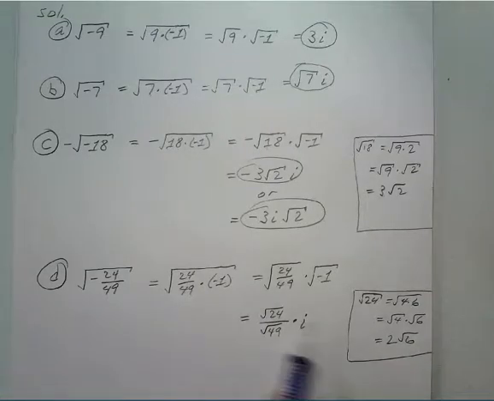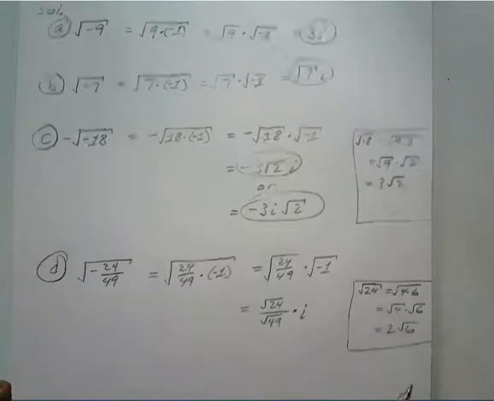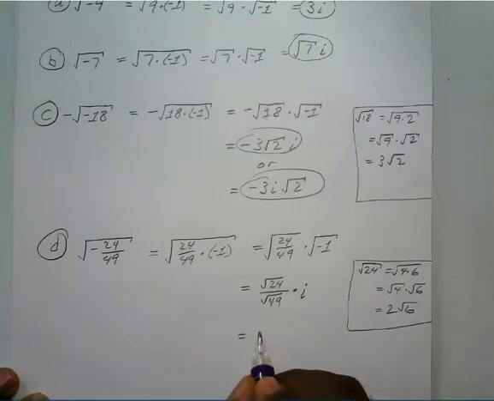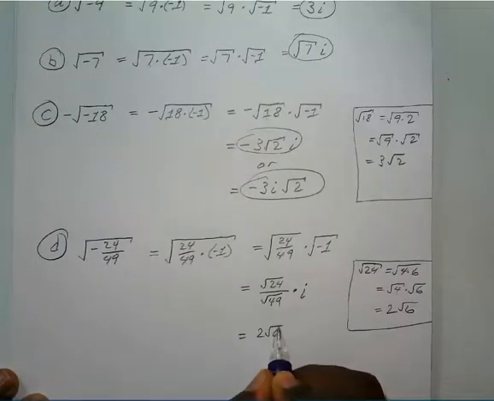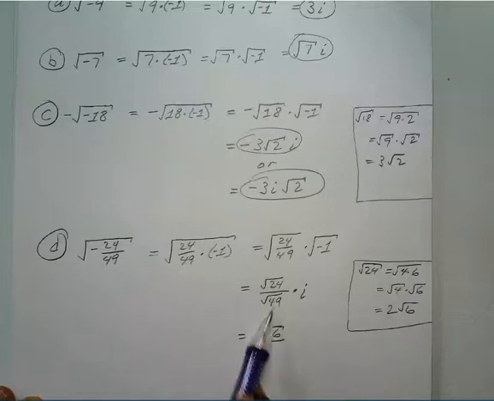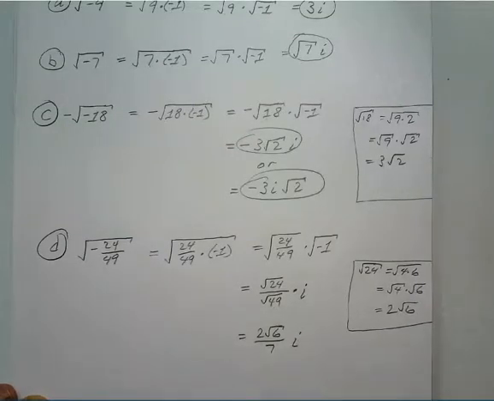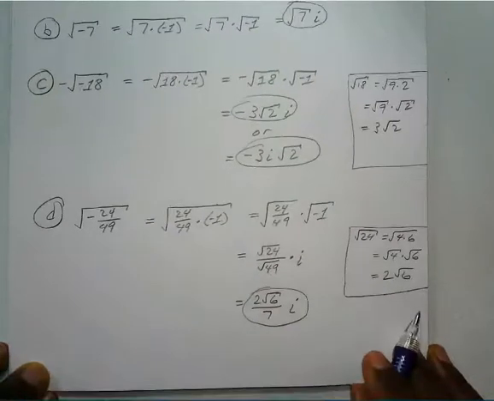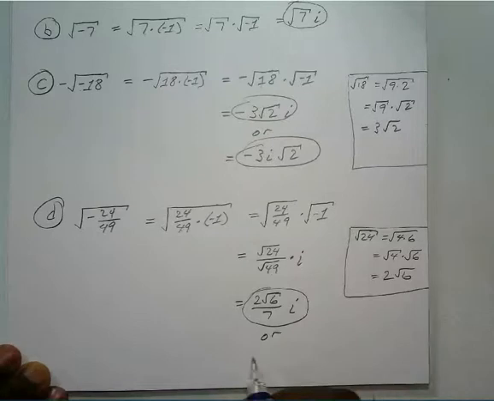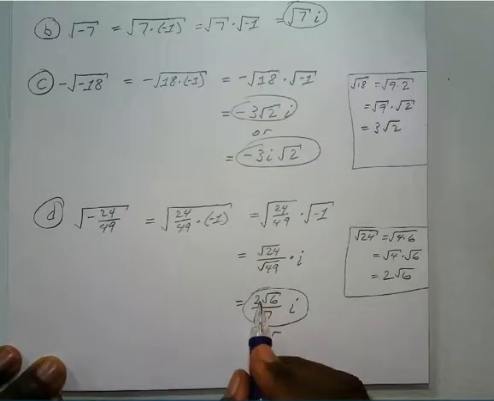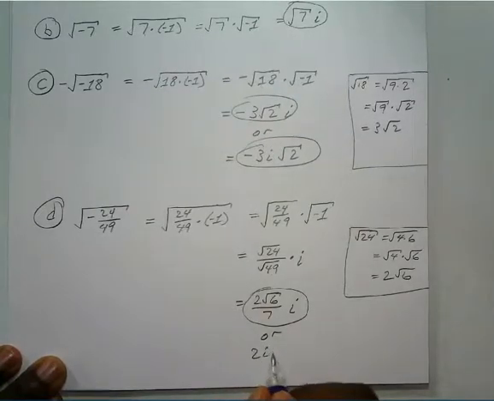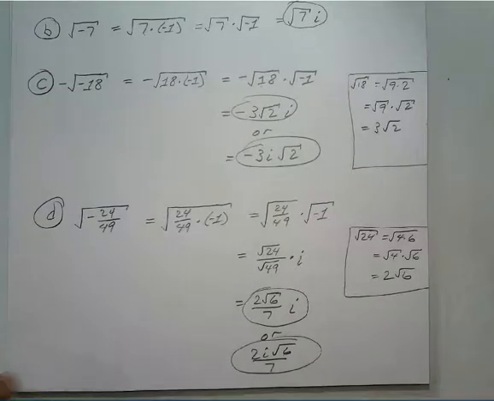So square root of 24 is 2 square root of 6. So 2 square root of 6 over square root of 49, which is 7i. Okay, so you can put it like that, or you can put that i right up there and make it 2i square root of 6 over 7. Either one of those would be correct.